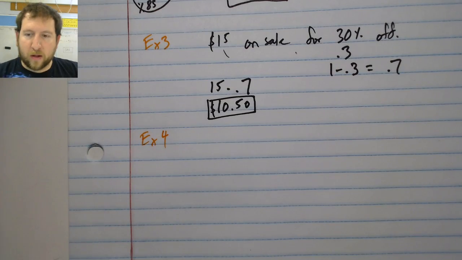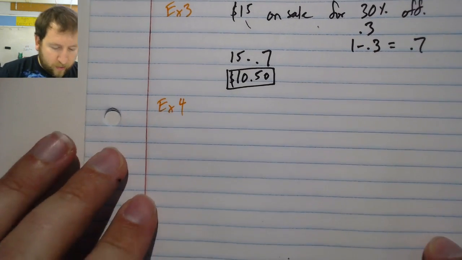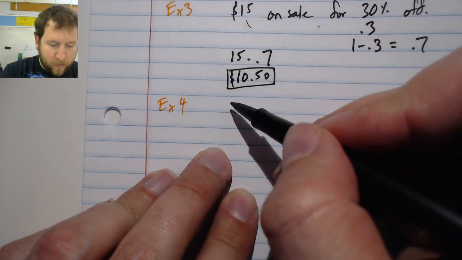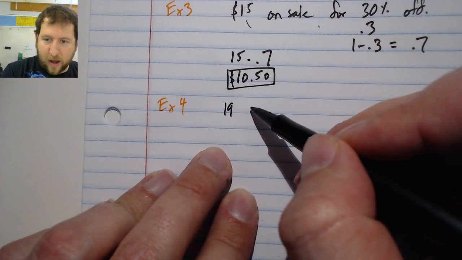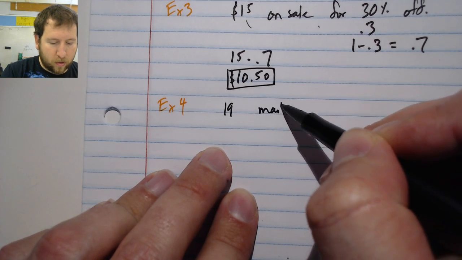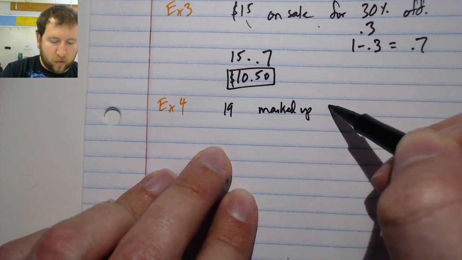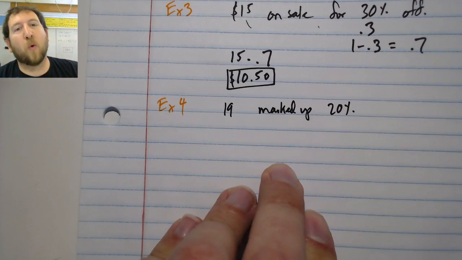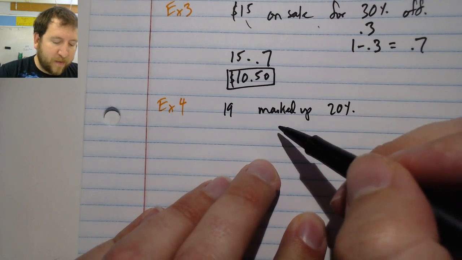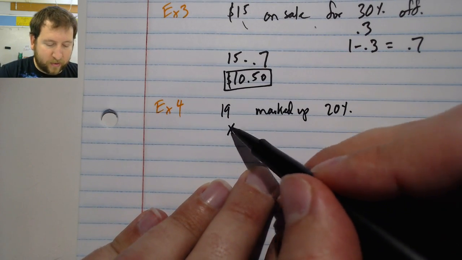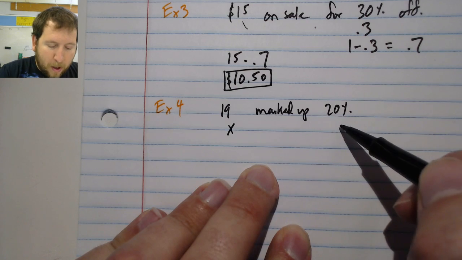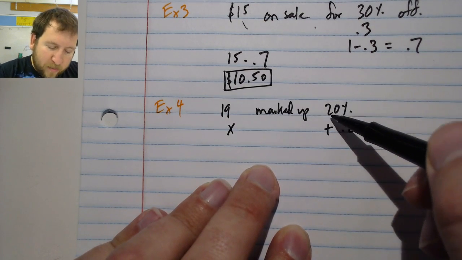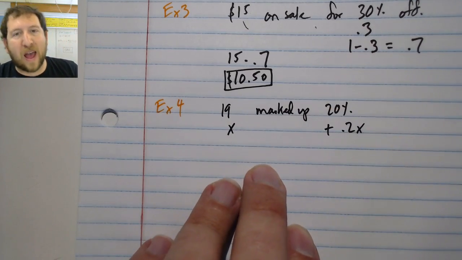Example 4. Okay, let's take a look. Sometimes we use this doing markup. Let's take a look at number 1 on the homework. It says $19, and pretend that it's marked up 20%. Well, if it's marked up 20%, I'm actually going to be paying more than the total price. So if I think of my total price as x, this is going to be x plus 0.2x, because this is 20% of this 19 that I have to add back into it.